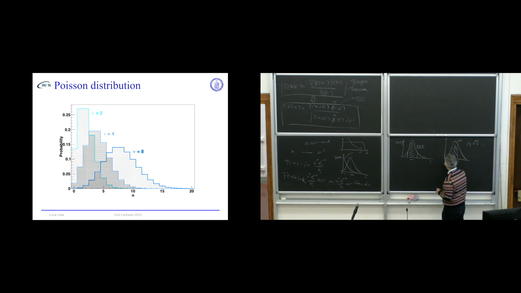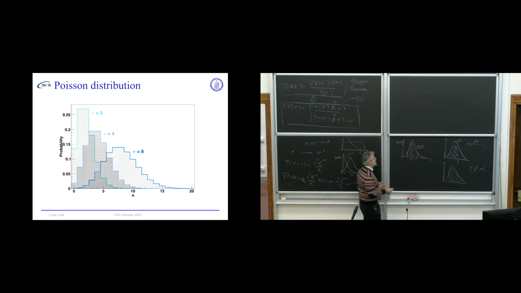I can have another extreme case where I take this curve and the interval is from a lower bound up to infinity. Or I can decide to take something in between.